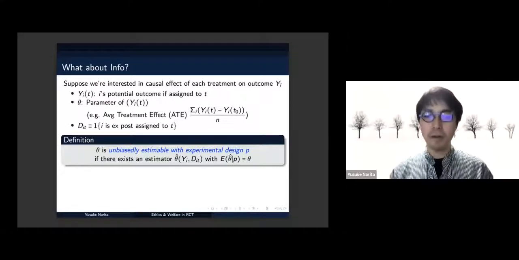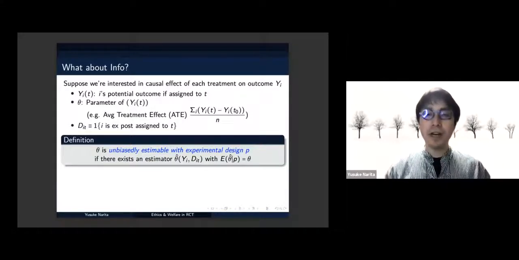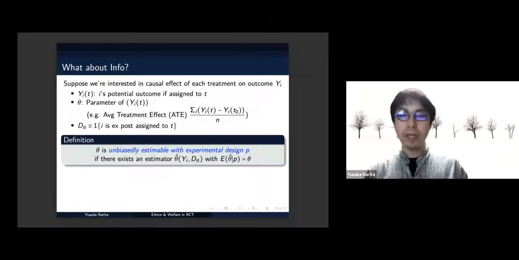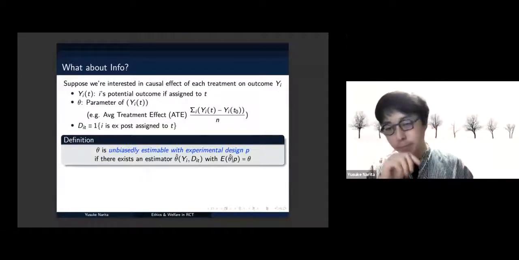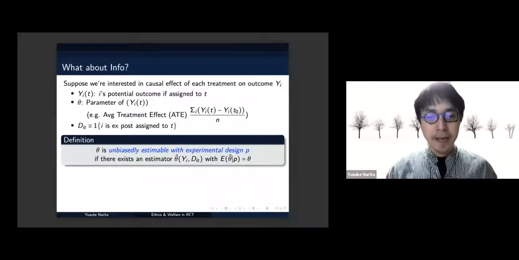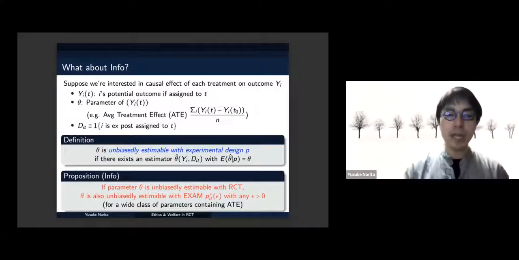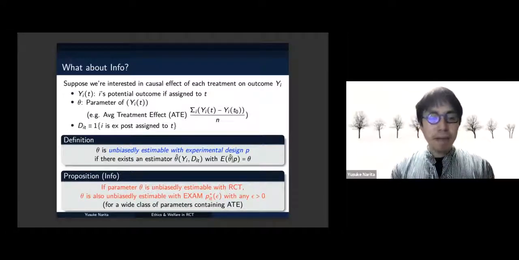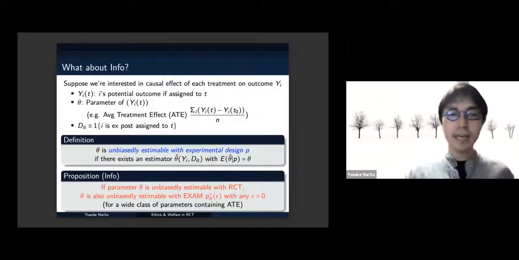If the following is true, that is, there is some estimator theta hat, which is a function only of observed outcomes and observed treatment assignments, such that this estimator is unbiased for this parameter theta when the data generating process is given by this experimental design P. And it turns out that whenever some parameter theta is unbiasedly estimable with RCT, this same parameter is also unbiasedly estimable with EXAM with any positive choice of the epsilon parameter, at least for a wide class of parameters containing the average treatment effect and other important effects.